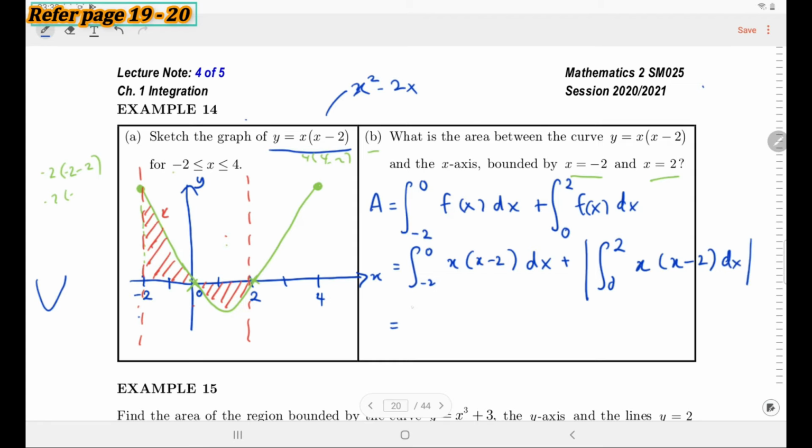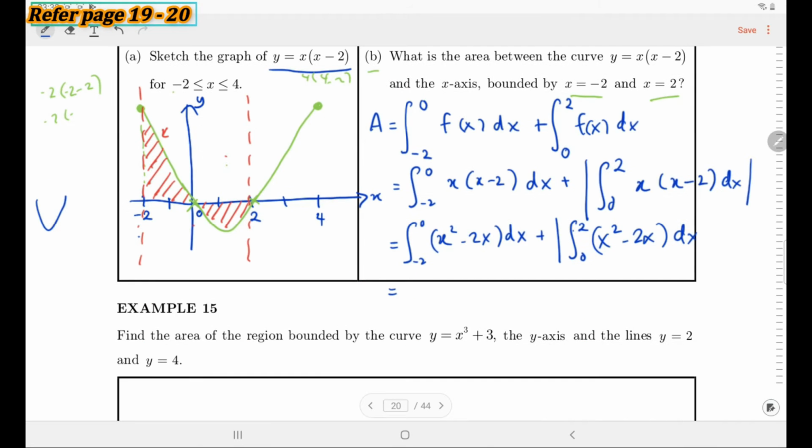I haven't integrated them yet, because it is easier if I expand this first: x squared minus 2x with respect to x, plus from 0 to 2, x squared minus 2x dx.